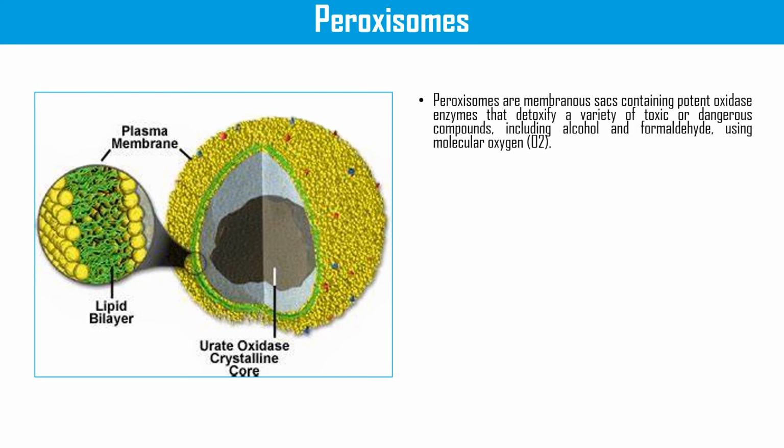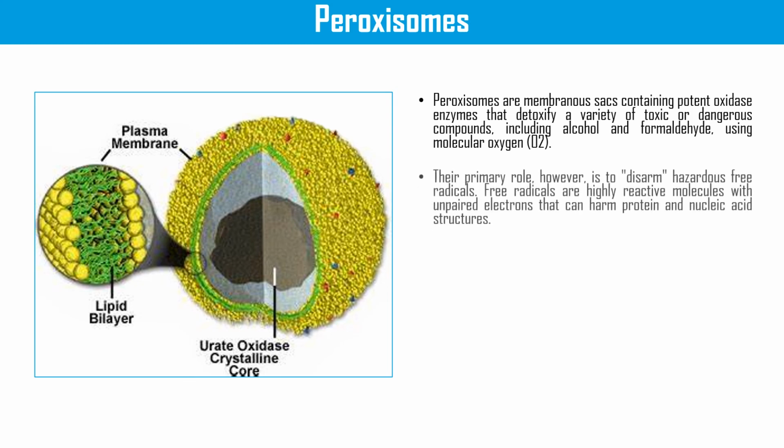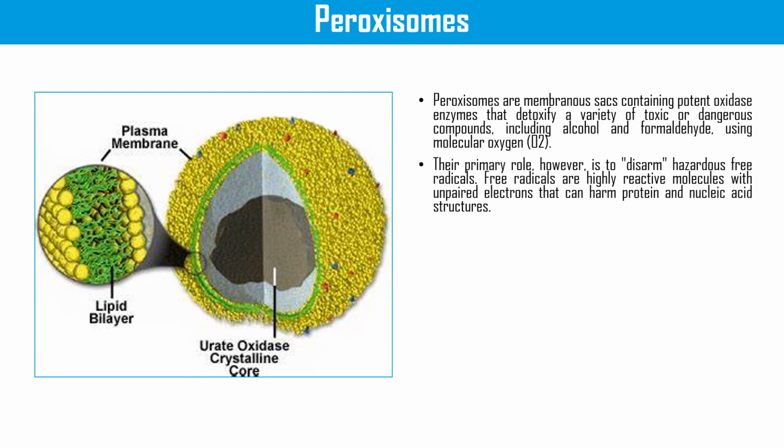Peroxisomes. Peroxisomes are membranous sac containing potent oxidase enzyme that detoxify a variety of toxic or dangerous compounds including alcohol and formaldehyde using molecular oxygen O2. Their primary role, however, is to disarm hazardous free radicals.